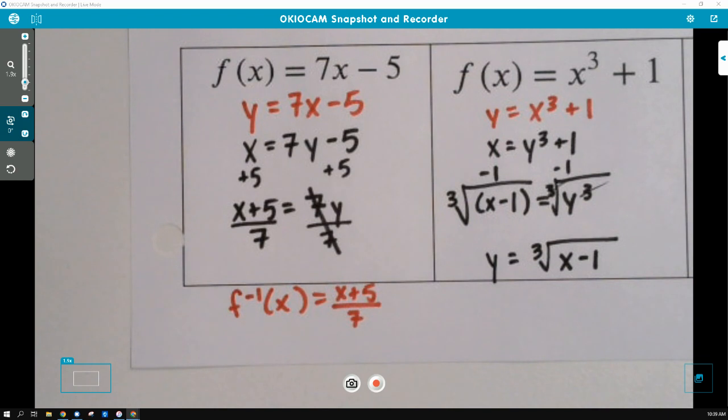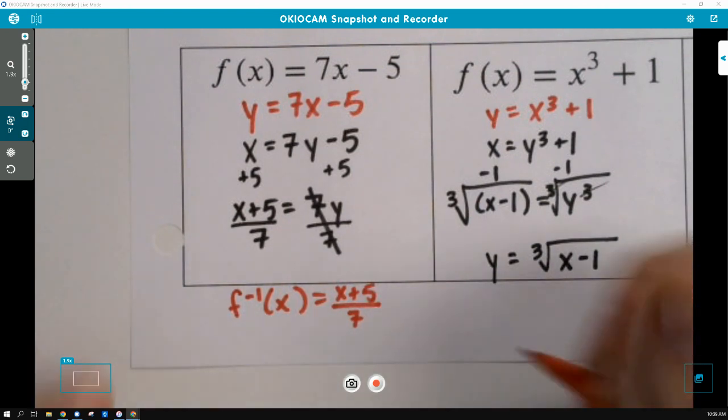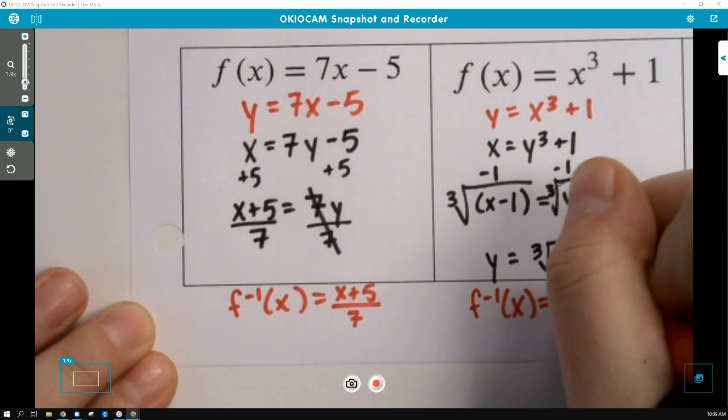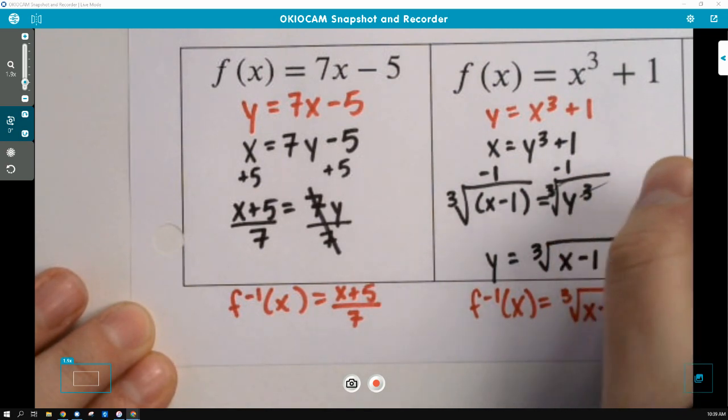And at that point, we can also switch it back for f inverse of x equals cube root of x minus 1.